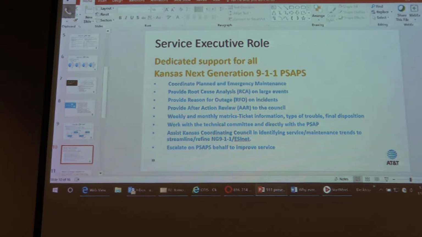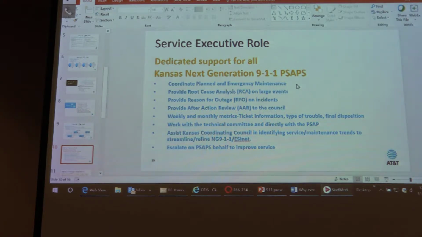I'm going to move on to the roles that I have. I spoke earlier about planned maintenance. I coordinate all the planned maintenance and emergency maintenance for you all across the state. They do different levels, all the way up through our cloud. So you could have a planned or emergency maintenance all the way from our layers up in the cloud to something as simple as a T1 that you're running off of.